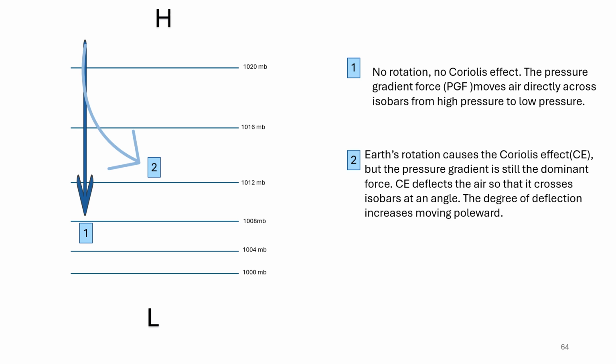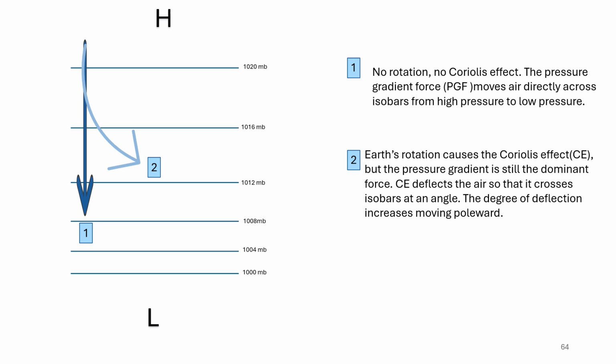But then, if we take into account that the Earth is rotating, we will get that Coriolis effect, but the pressure gradient is still the dominant force here. So the Coriolis effect is in fact exerting an influence, but it's just enough to deflect that wind slightly so that it crosses those isobars at a slight angle.